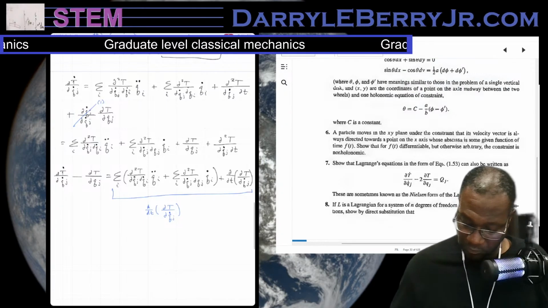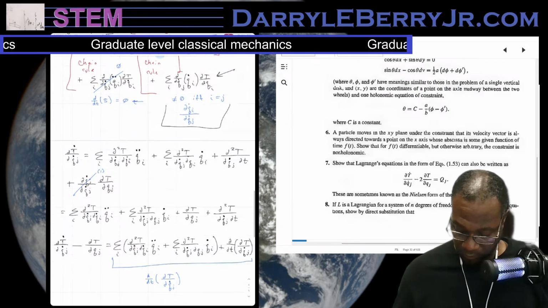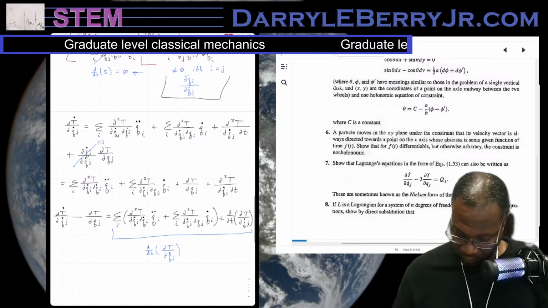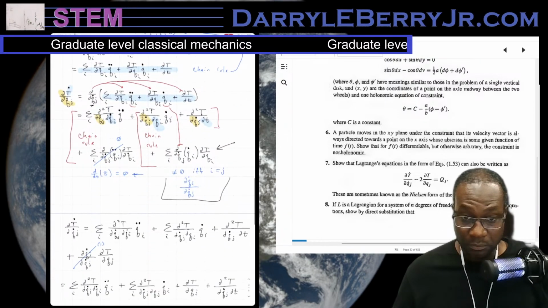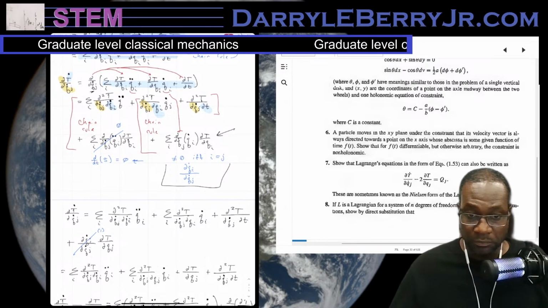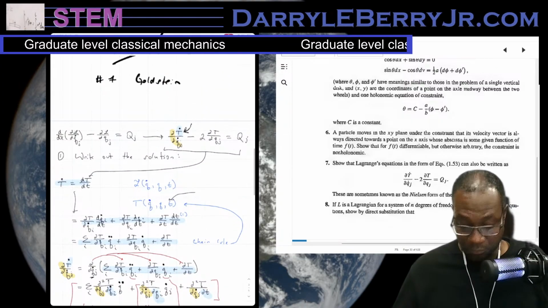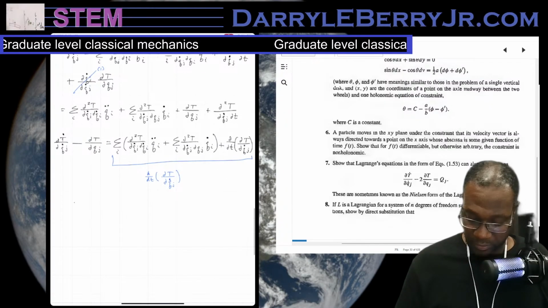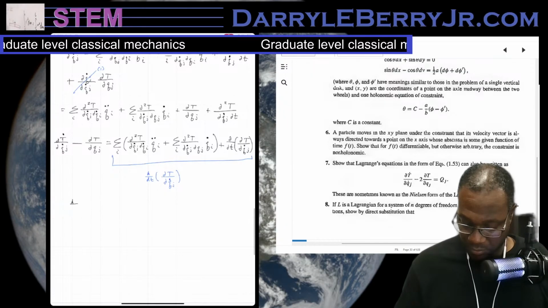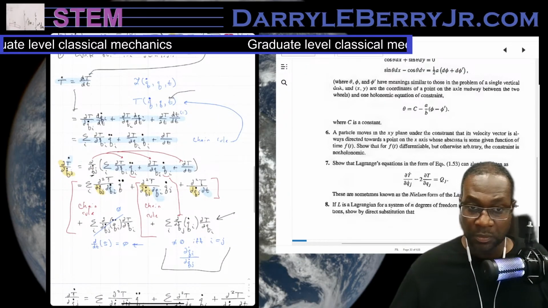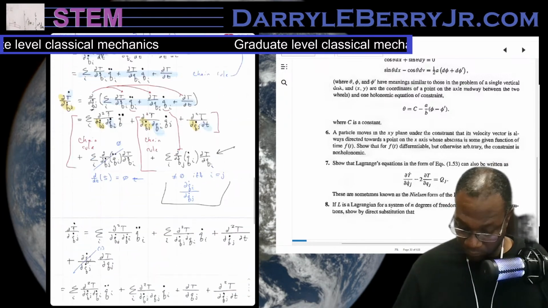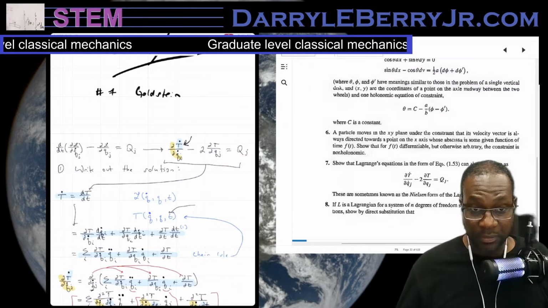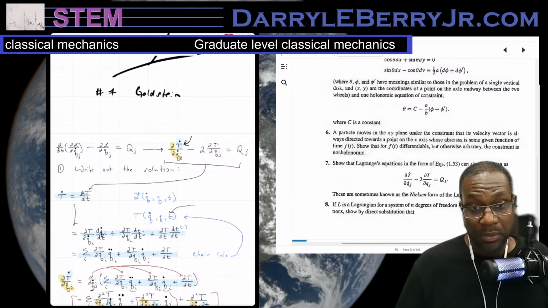I guess simply because of the original Lagrangian with these coordinates, it might have made it clearer if I use the proper term here as a d of dt. Interesting.